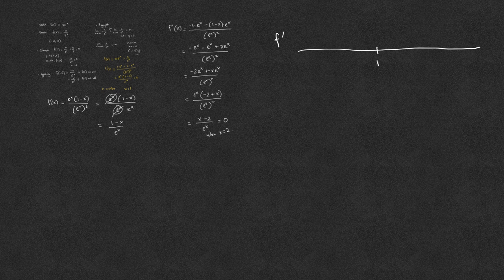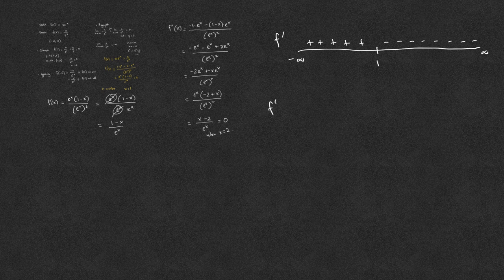If we plug any number between negative infinity and 1, such as 0, into the first derivative, we will see that 1 minus 0 is positive, so the function is increasing. We then plug any number from 1 to infinity into the first derivative, such as 2. We see that 1 minus 2 is negative, so the function is decreasing on the interval 1 to infinity.